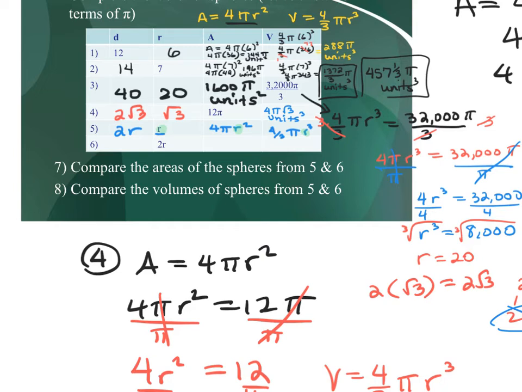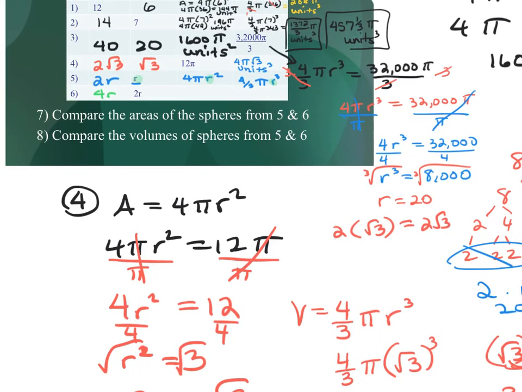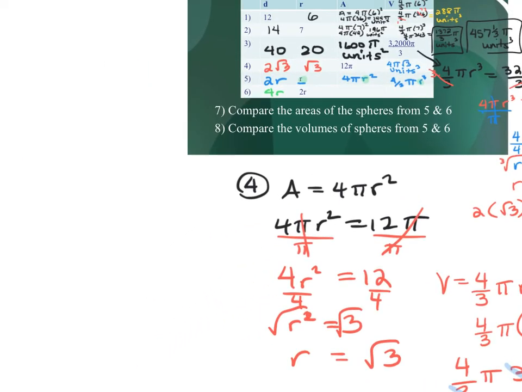Now the other one is backwards. So in order for number 6 to turn a radius into a diameter, we're going to double it. For r. So now let's do the formula. Let me come over here to the side. All right, so my radius is 2r.